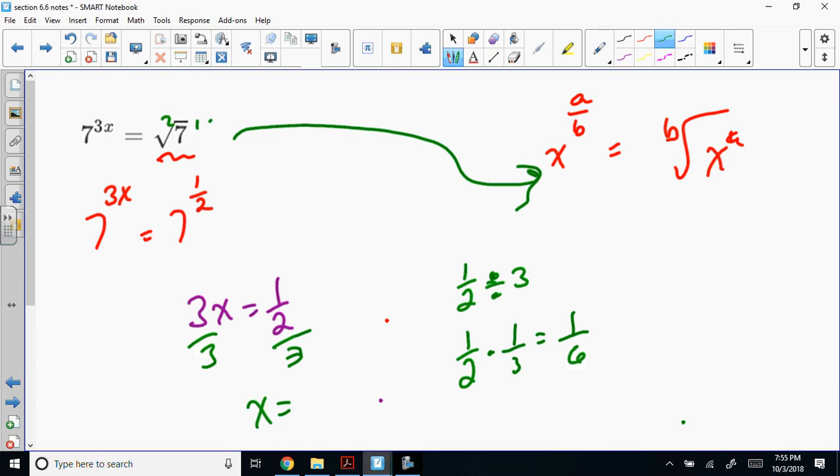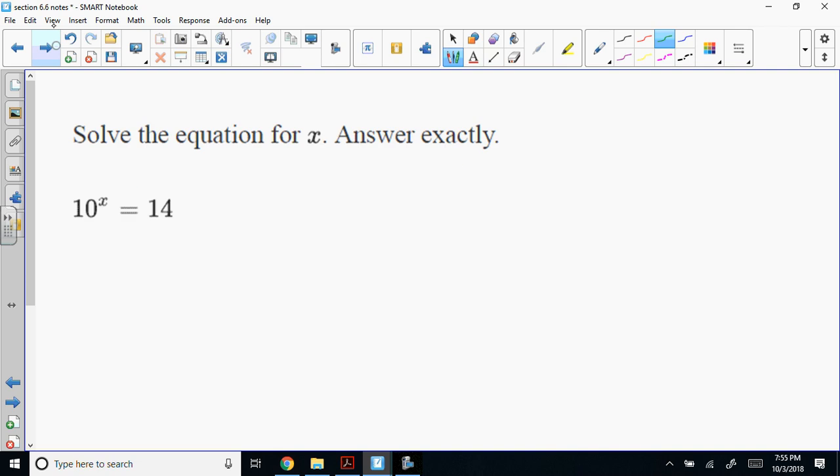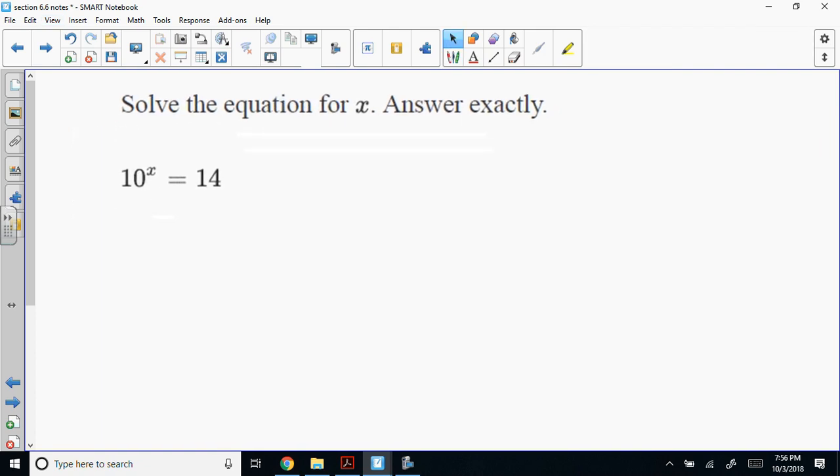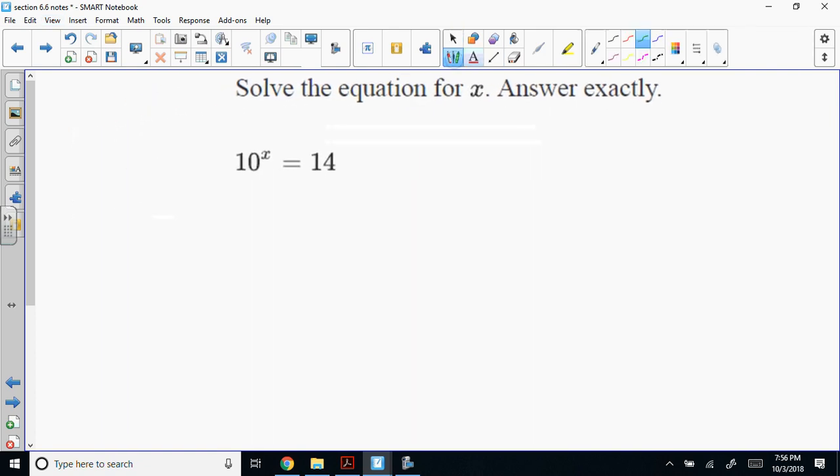Okay. So x equals 1, 6, right? All right. Oh, man. 10 raised to x equals 14. There's no way I can get 10 and 14 to be the same base, can I? Not even with prayer. So we're going to take the log of both sides.